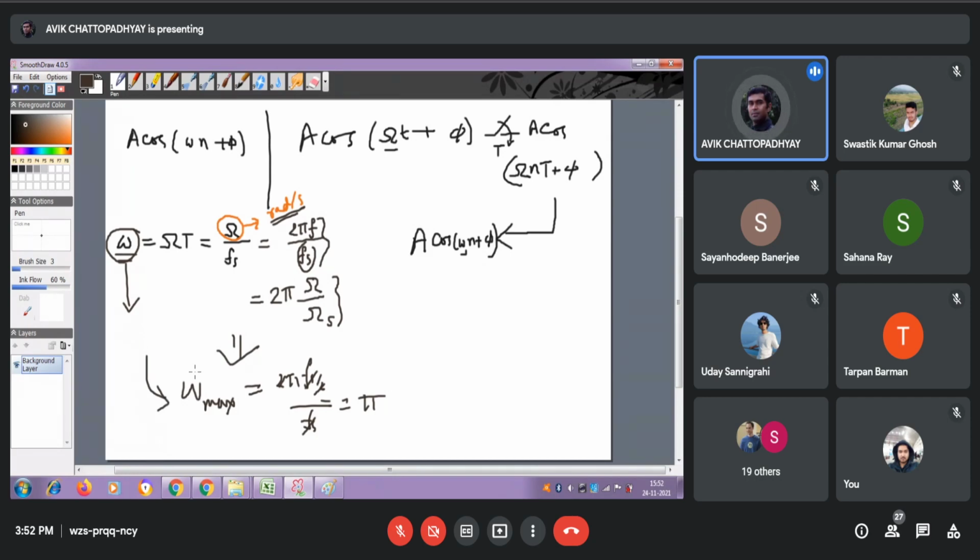Now, the range of normalized frequency could be written as omega ranges from 0 to pi. And you know that for a real signal, the sine, cosine, etc., whatever positive frequency we have, the negative part also exists. For a real signal we have basically two parts. That comes from Euler's relation, you know. So the negative as well as positive. We will also discuss these things elaborately in future.